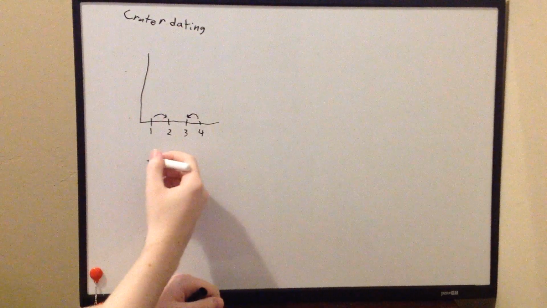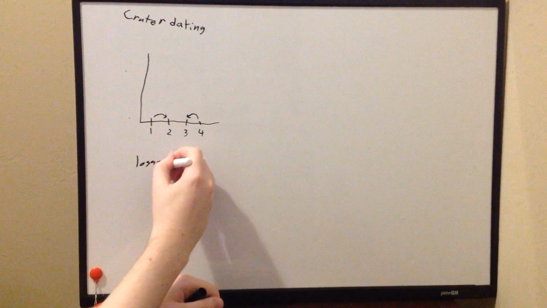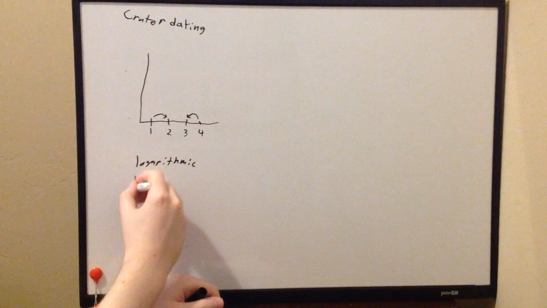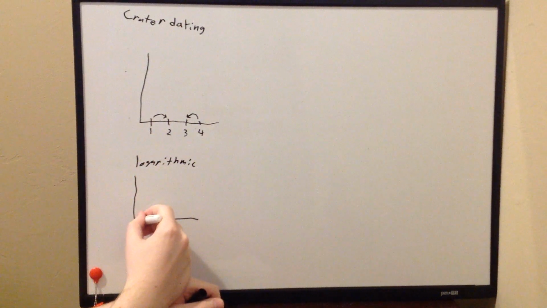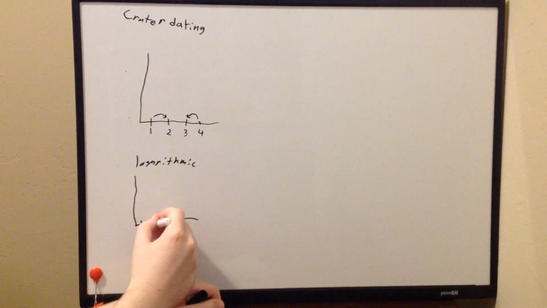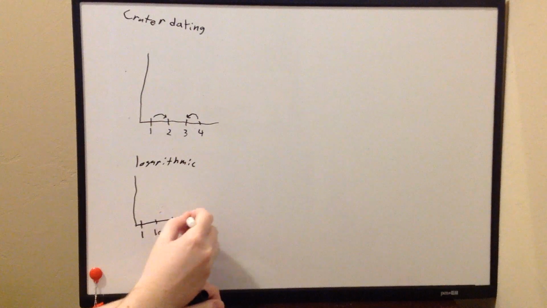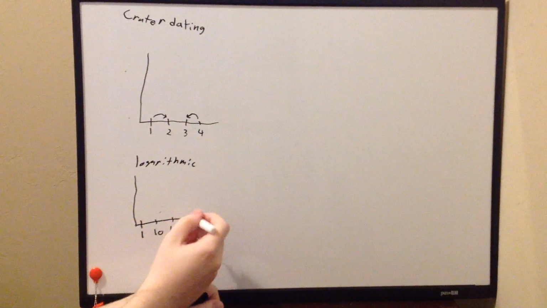But a logarithmic plot, a logarithmic graph, is a little bit different. It would look something like this. So maybe we have 1, 10, 100, 1,000, and so on.